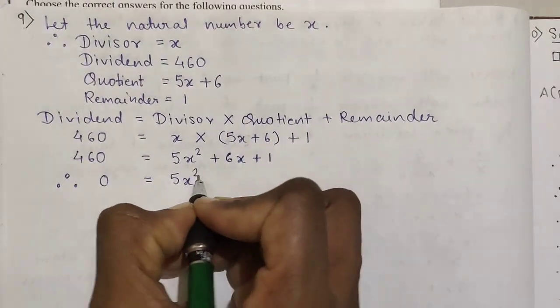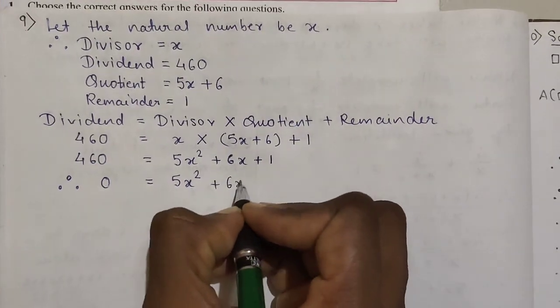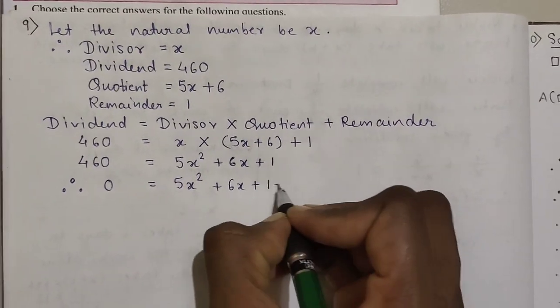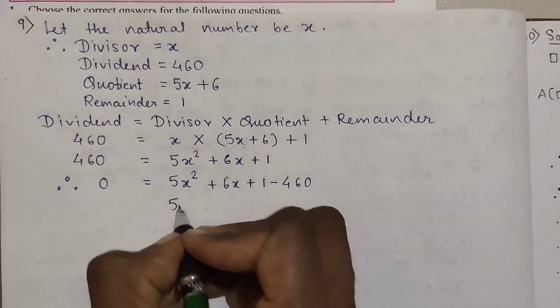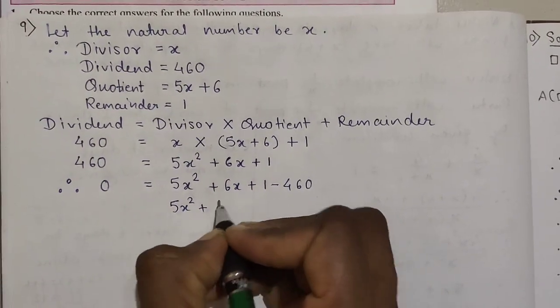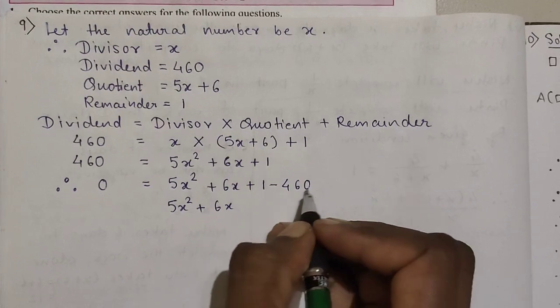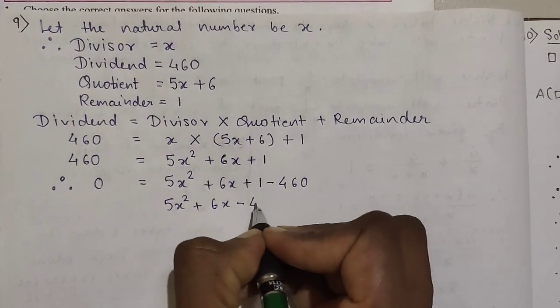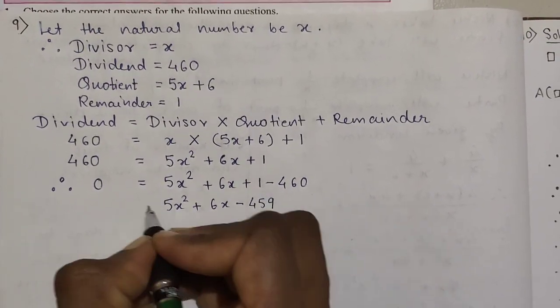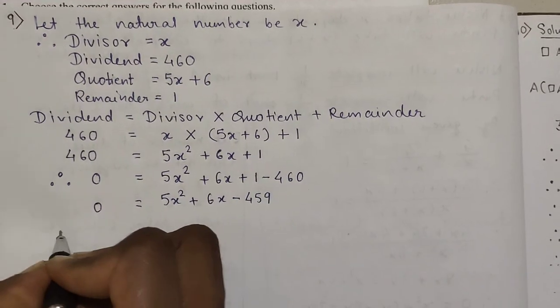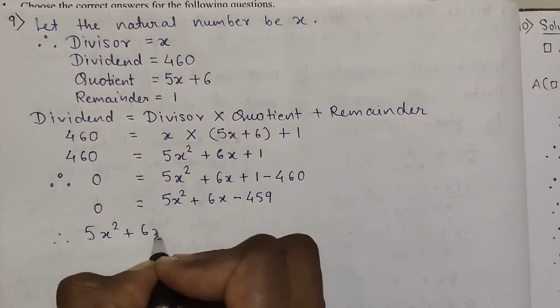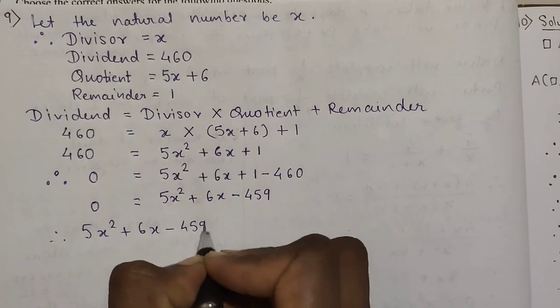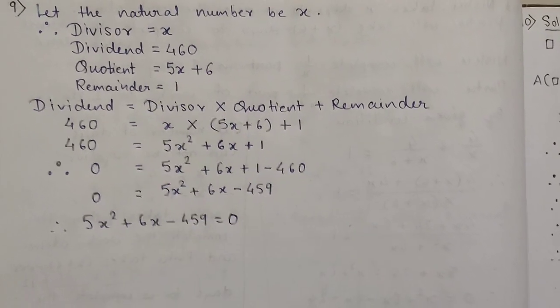So this becomes 5x square plus 6x plus 1 minus 460. Now 5x square plus 6x, subtract 1 minus 460, so you are going to get minus 459 equals 0.